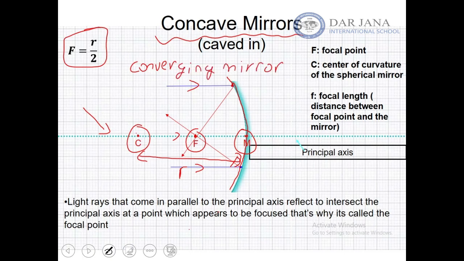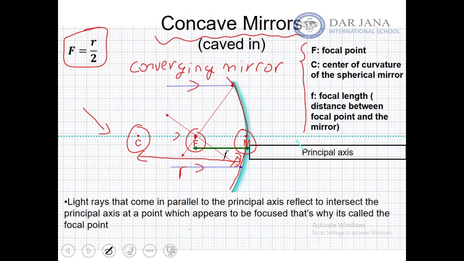It means the reflected rays converge, meet, and intersect at one point. So far so good. And these are the definitions for each point.